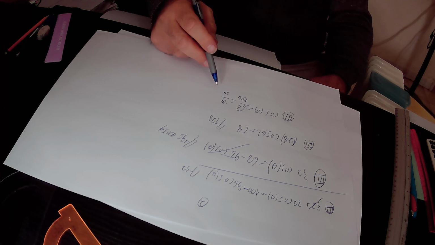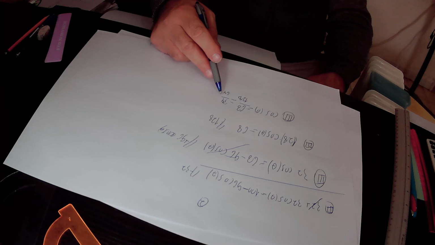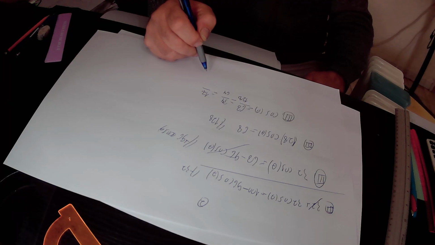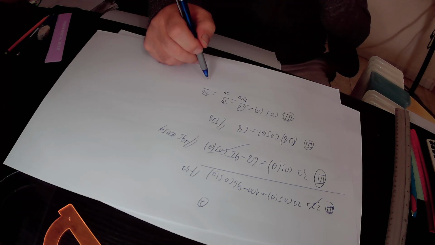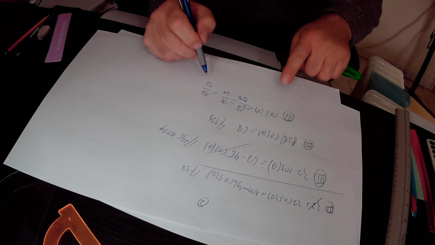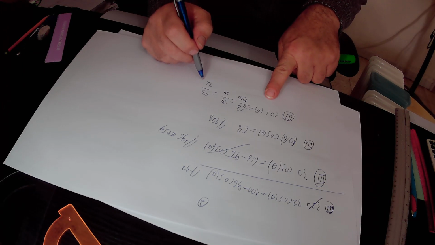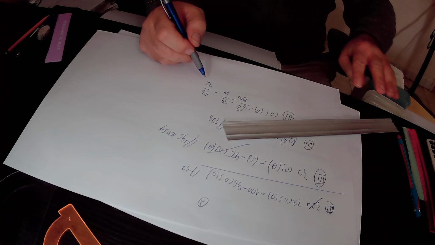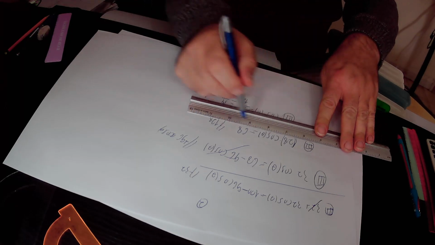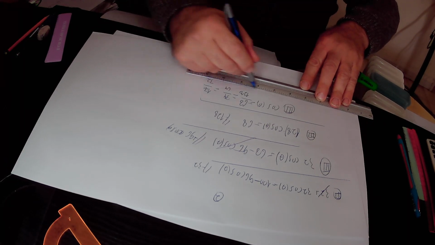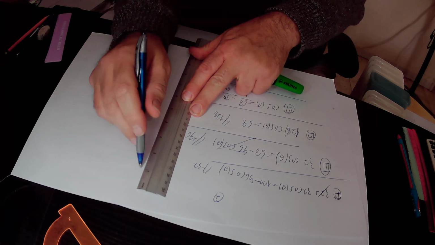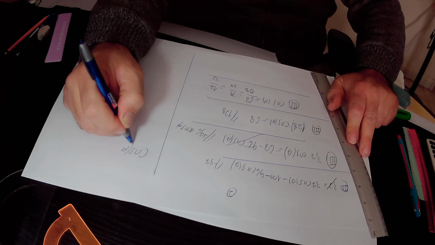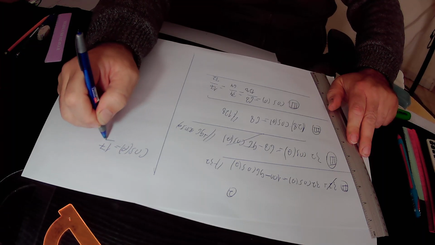Again we divide both the numerator and the denominator by 2. 34 over 2 is 17, and 64 over 2 is 32. So we found that cosine theta equals 17 over 32.